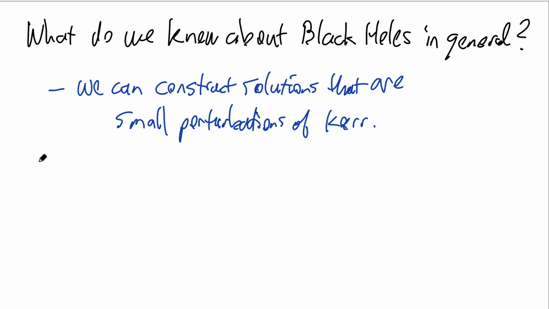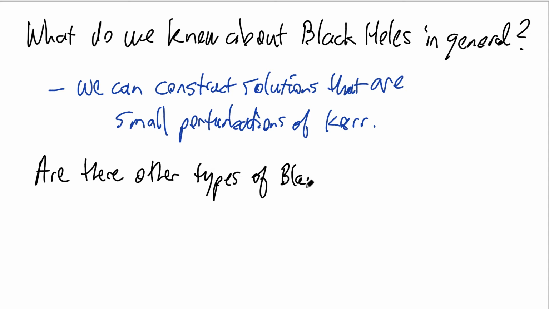But are there other types of black holes that aren't just simply perturbations of Kerr? Well, what we know and what's been proven is that a horizon always contains a singularity.